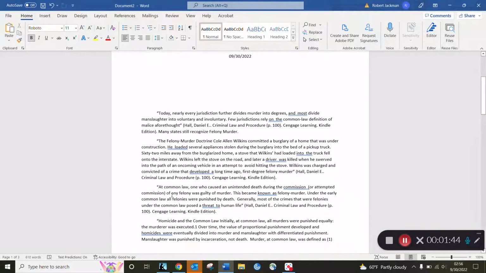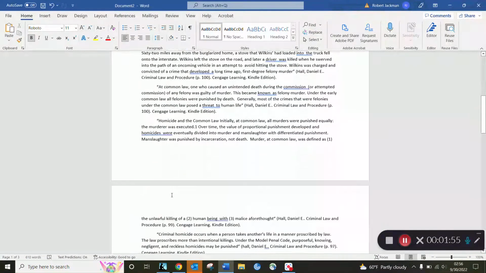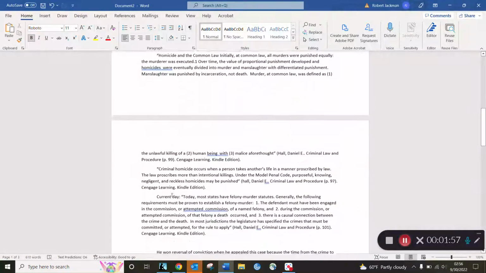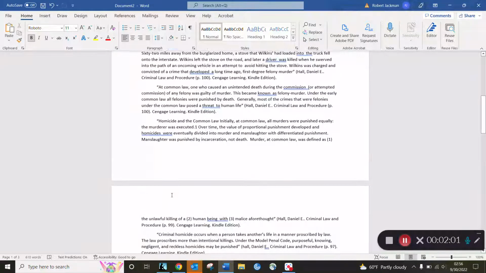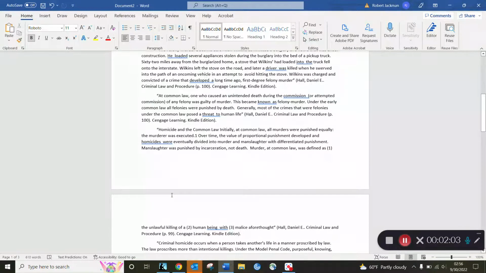So the next part of the assignment says to define how the crime is defined in different stages, like common law, the model penal code, and then also current day. So let's see here. At common law, it goes on to say, quote, at common law, one who caused an unintended death during the commission, or attempted commission, of any felony was guilty of murder.